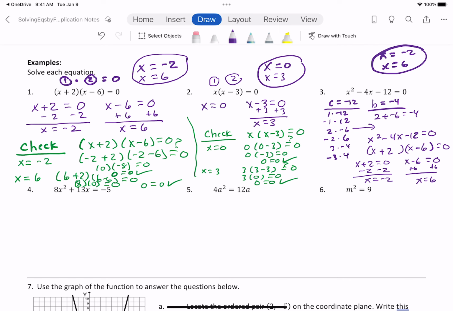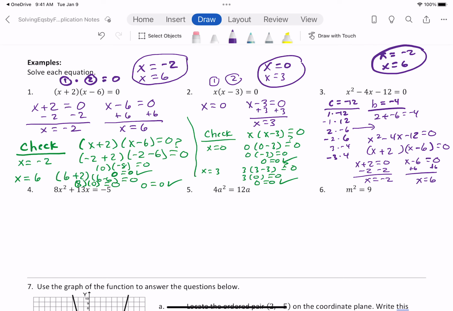All right, for number 4, this one adds one more step. I have a trinomial, but you notice first off the bat that the equation is not equal to 0. The only property we have for solving polynomials by factoring is called the zero factor property.